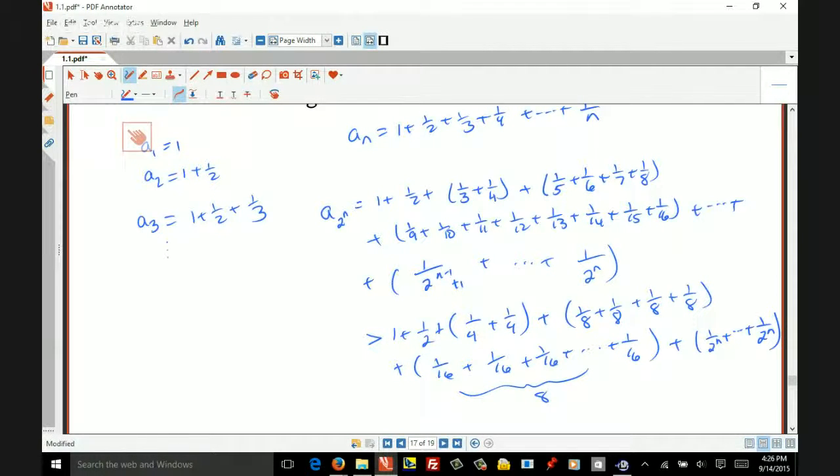And the question is, how many terms are in that one? The first one had 2 terms. The next one has 2 squared. This one's 2 cubed.